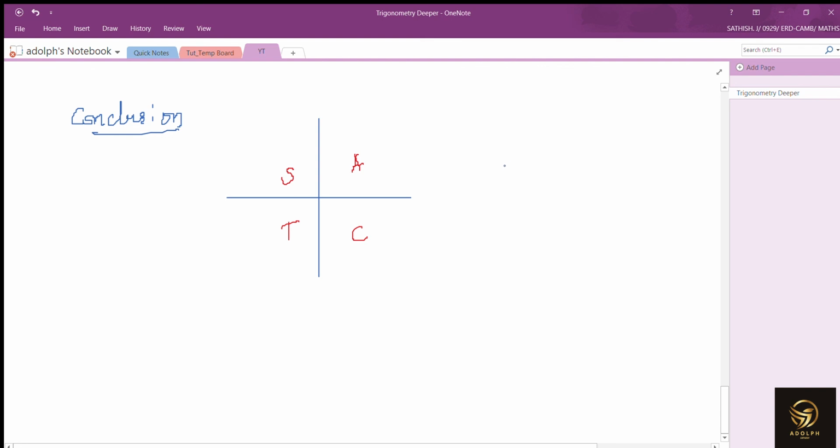For any quadrant values, any trigonometric ratios, however you are writing the format, if you are writing 270 plus or 270 minus, in the same way 90 plus or 90 minus, then sine will change into cos, tan will change into cot.